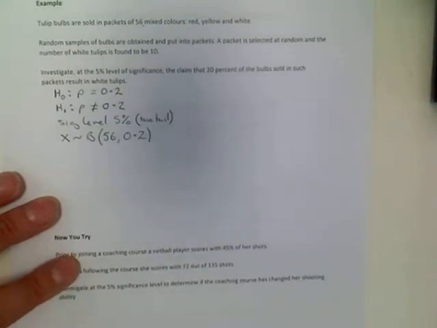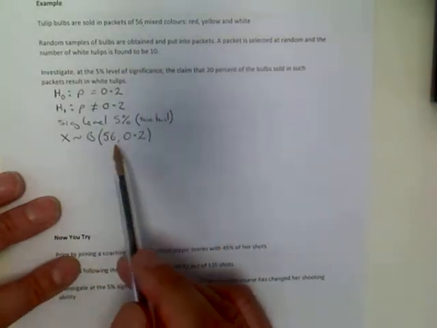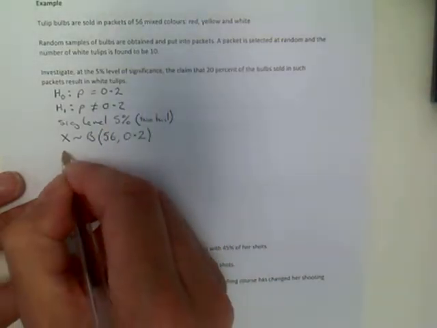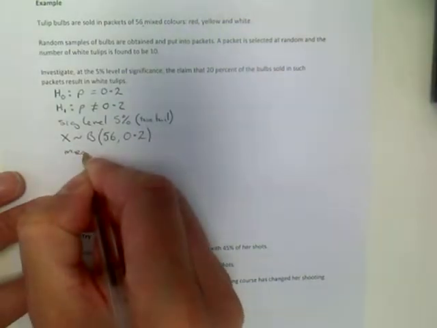Now, to do that, I just need to check whether I need to do a less than or a greater than. So what I need to do before, and this is an extra step now, is to calculate what we call the mean.